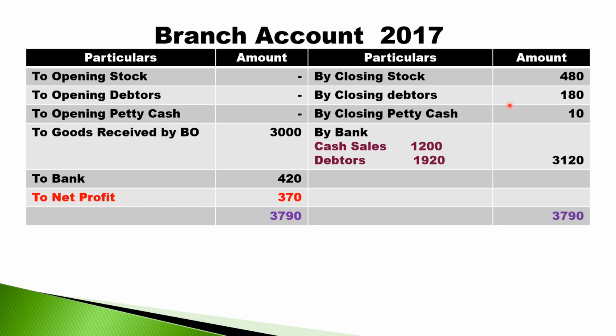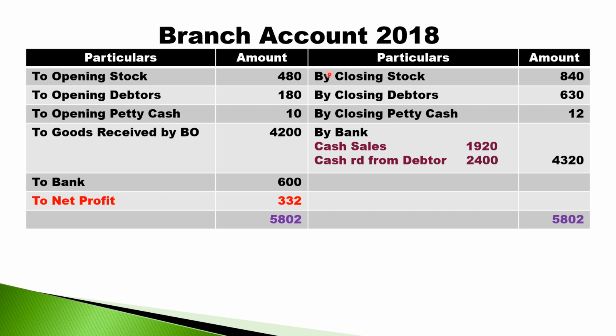Closing debtor of 2017, 180, which we found first. Closing petty cash of 2017, 10 rupees. And by bank, the branch may have to pay the amount to head office, the cash sales and cash received from debtor, 3120, and you get a net profit of 370.